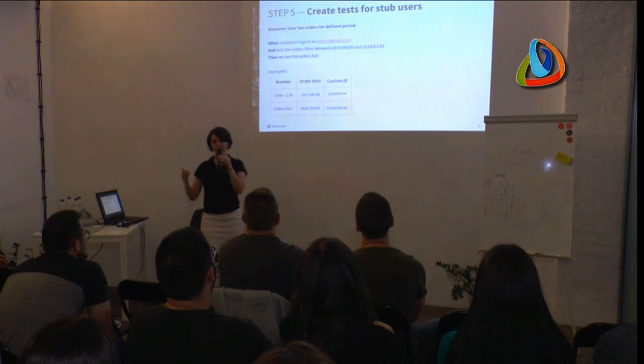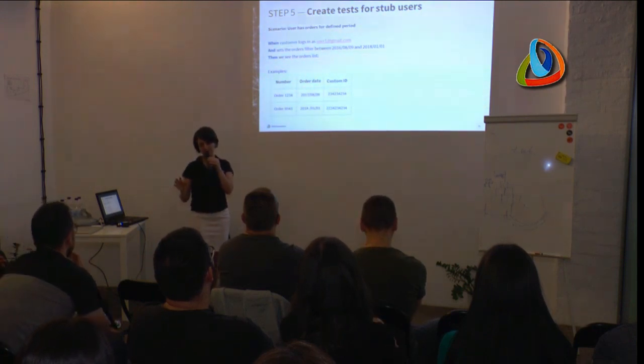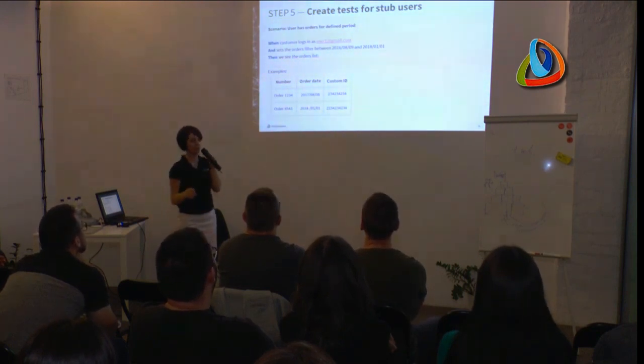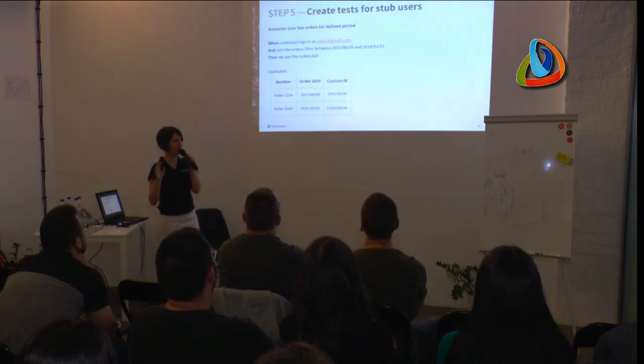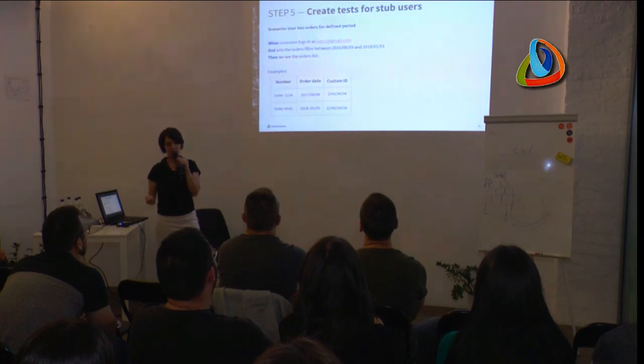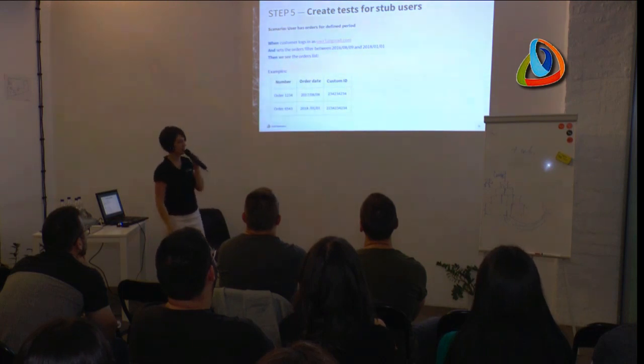And now we can use this stub, finally. This is the example, not a real example, but it looked like that. We used the BDD approach, behavior driven development, and this is the example from JBehave in Gherkin.